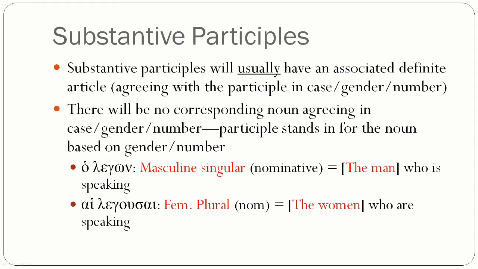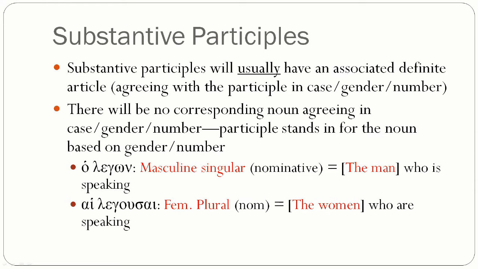I was going to say the rock, but "the rock which is speaking" doesn't really work. Let's use the disciple. The disciple is masculine singular, and so if in the passage we are talking about the disciple or a disciple, and you have ho legon there in another sentence that does not state the disciple, you can put the disciple in there, because it's masculine singular.